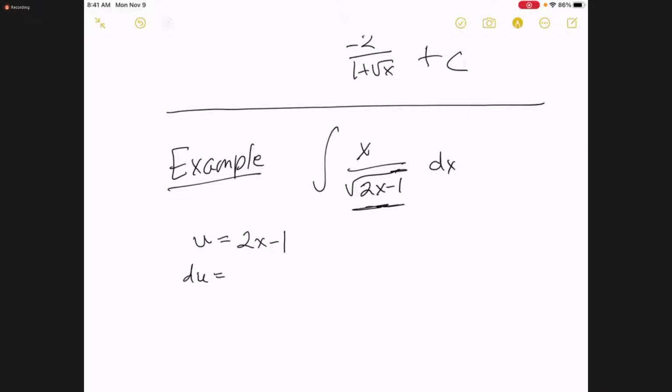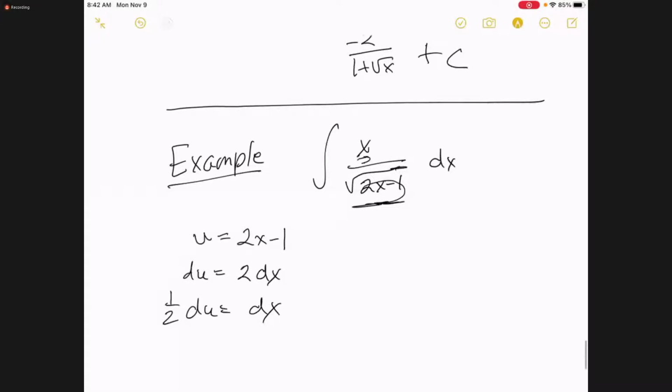du then is 2 dx, because the derivative u prime is just 2, right? Well, all right. So that's going to get me this changed over, and I take 1/2 out, I've got dx changed over to u's, but I've got to change the x over too.